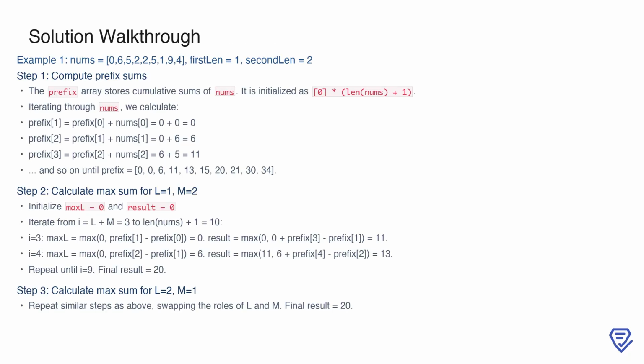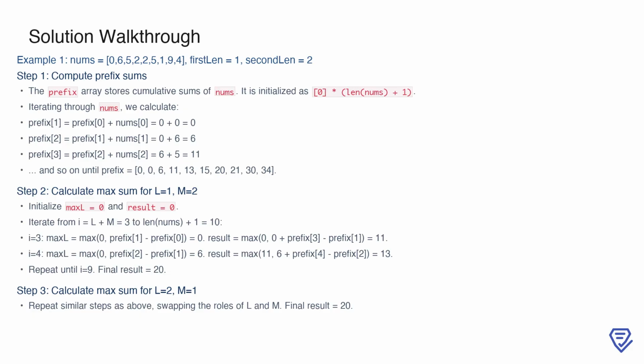To solve this problem, we first compute the prefix sums of the array nums. The prefix sum array helps us calculate the sum of any subarray in constant time. We initialize prefix as an array of zeros with a length 1 greater than nums. Then, iterating through the elements of nums, we compute each prefix sum by adding the current number to the previous prefix value.